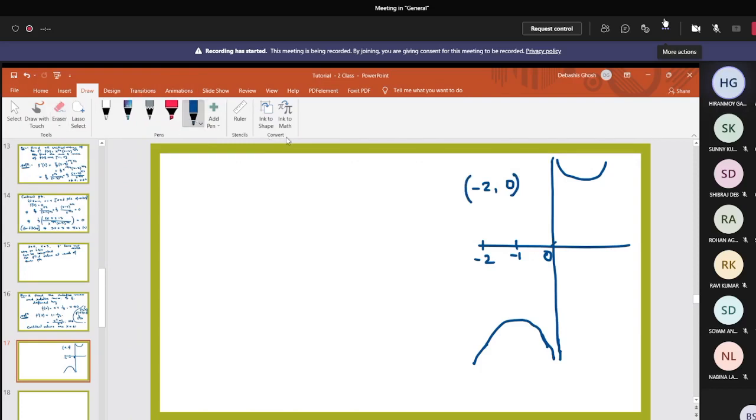And again from 0 to 2, in between which we will consider the point 1.